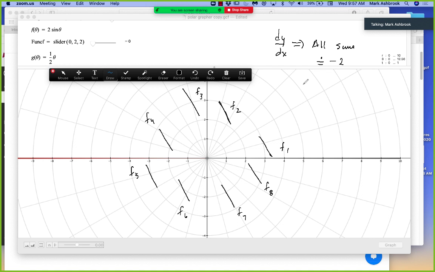So for each one of these, F1 through F8, we're going to say, is dr d theta very negative? Just negative? Close to 0? Positive or really big positive?